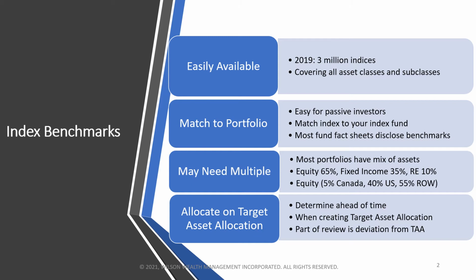And maybe some of that rest of the world is in emerging markets or even frontier markets, which are smaller still. Or they might be in value stocks or growth stocks. So you want to try again to find an index that as closely matches your portfolio as is possible.